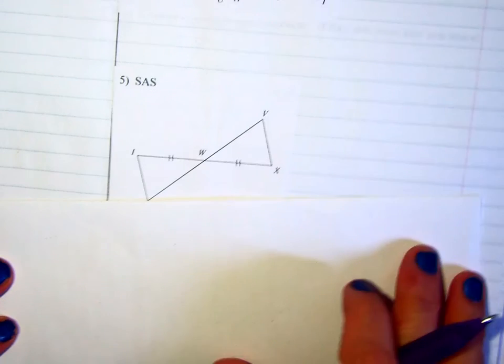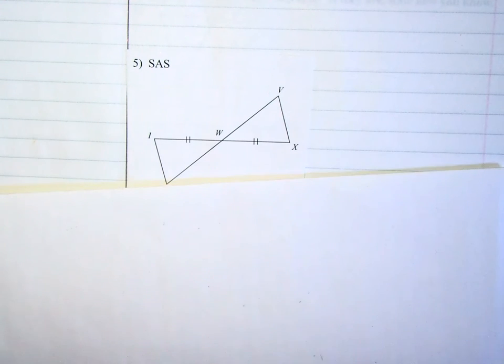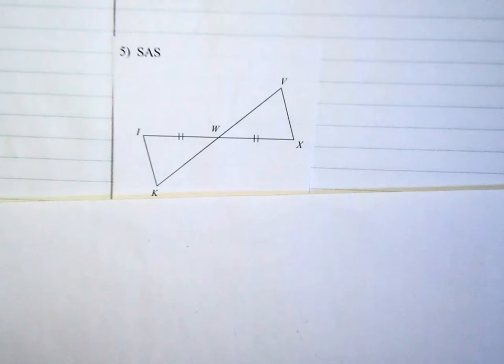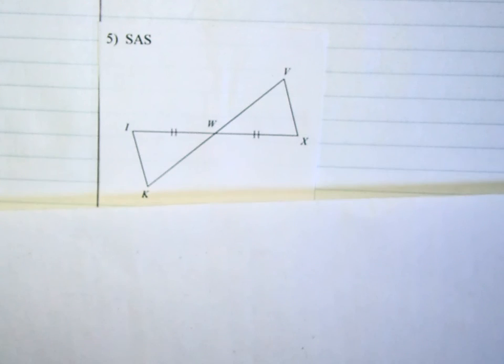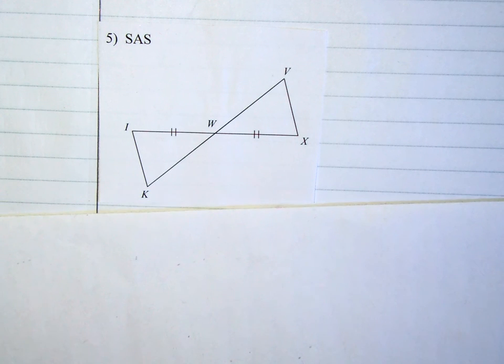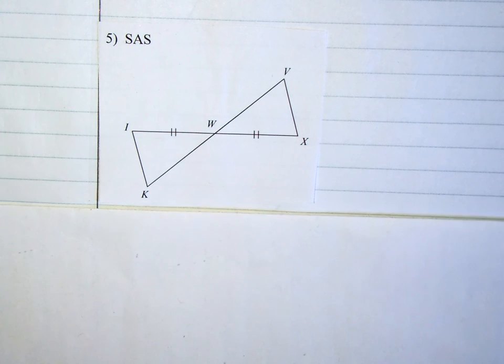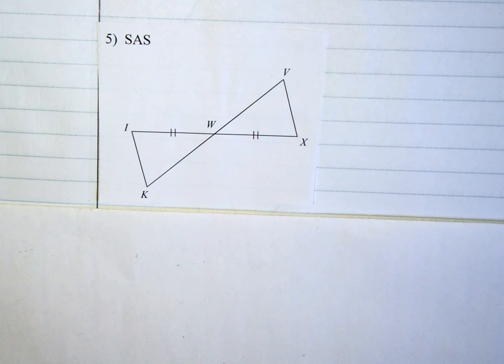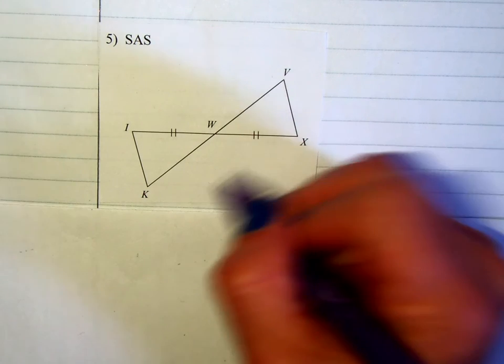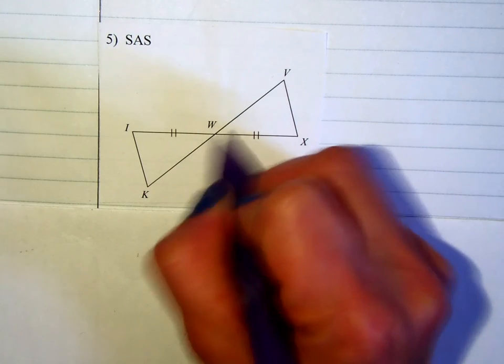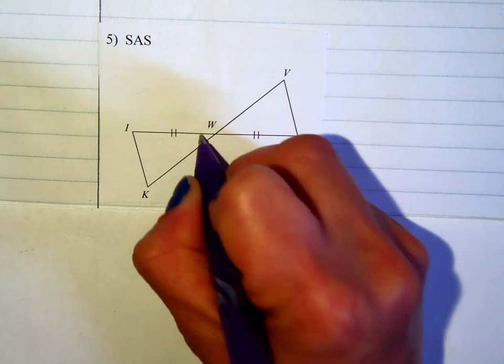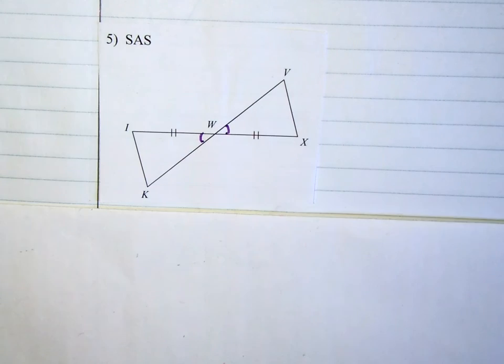I want you to prove this by side-angle-side. What information do we need? What information is a fact that you can mark immediately because you know it's always going to be true? Pause the video, work it out, and when you're ready, unpause so that you can check with me. All right, we know that vertical angles are congruent, so this is a fact. We know that exists.